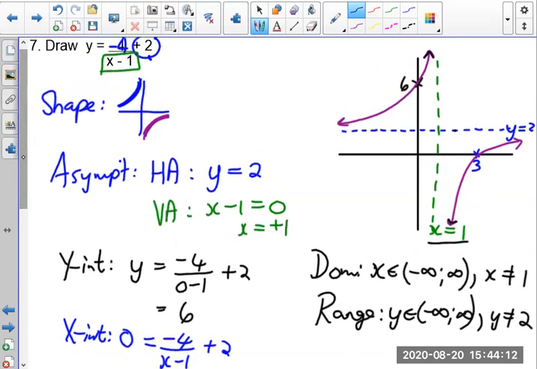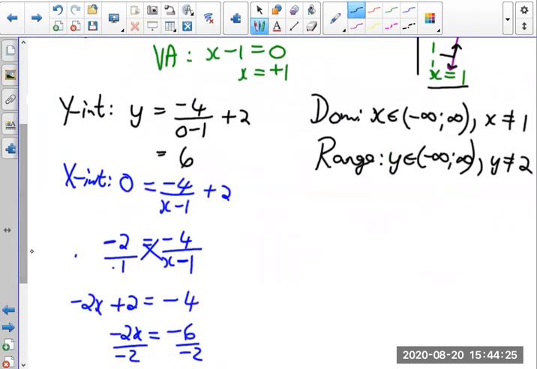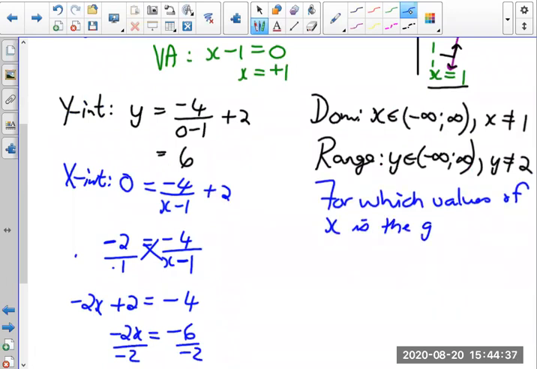And can you see that this is an increasing graph? If you hit it from the left, you go up. So if they ask you, okay, let me write it for you, for which values of x is the graph increasing?